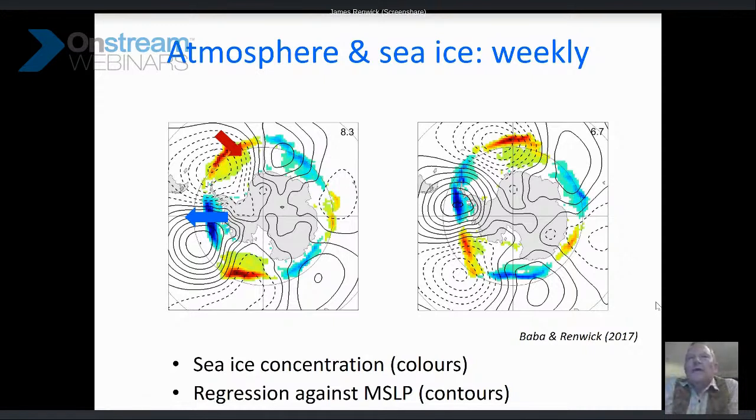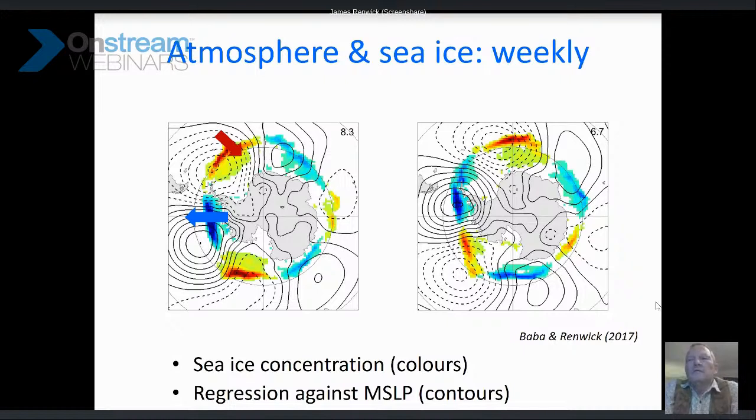One tends to follow the other, and it's basically showing the same pattern, but just shifted around towards the east a bit. So these highs and lows migrate eastwards around Antarctica, and as they go, they bring in increases in the sea ice field to the east of the high centre, decreases to the east of the low centre, and so on.